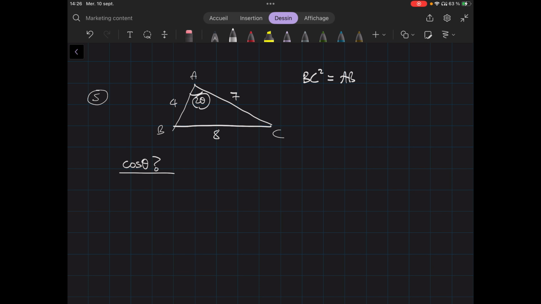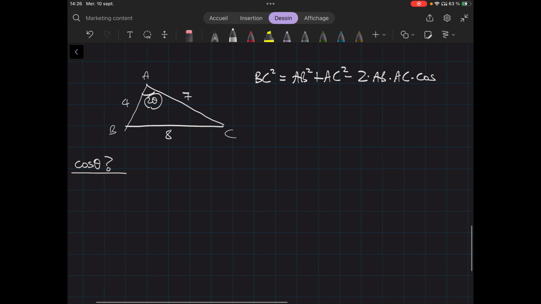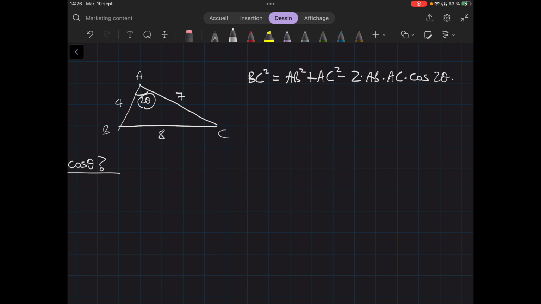BC squared is equal to AB squared plus AC squared minus 2 times AB times AC times cos of 2 theta. Substituting BC squared, AB squared, AC squared, AB, AC: 64 is equal to 65 minus 56 cos of 2 theta.